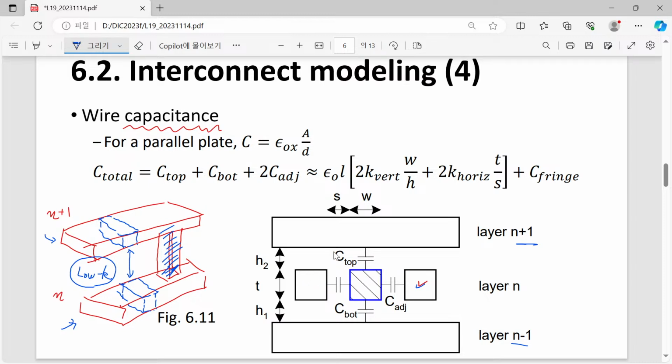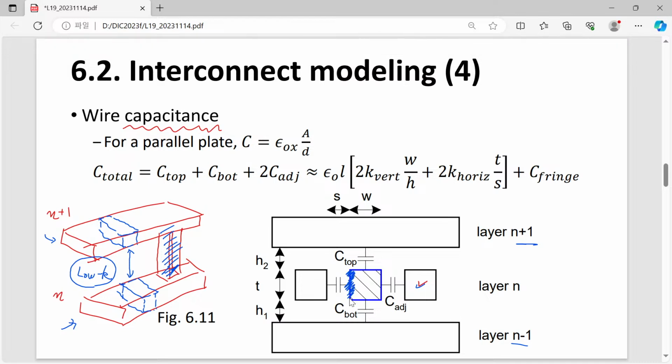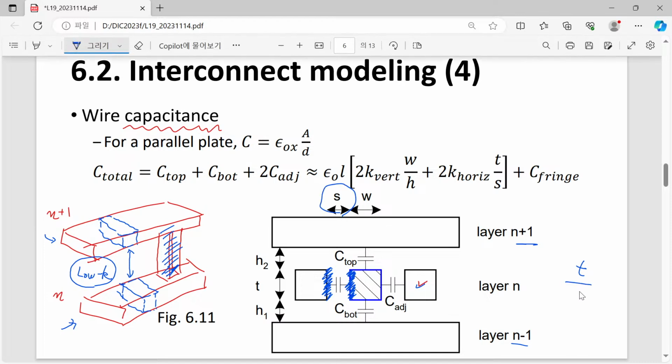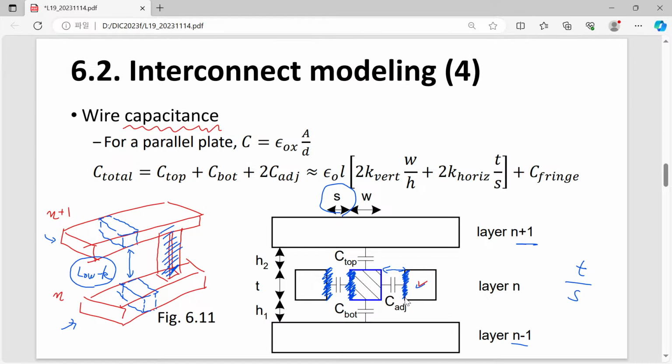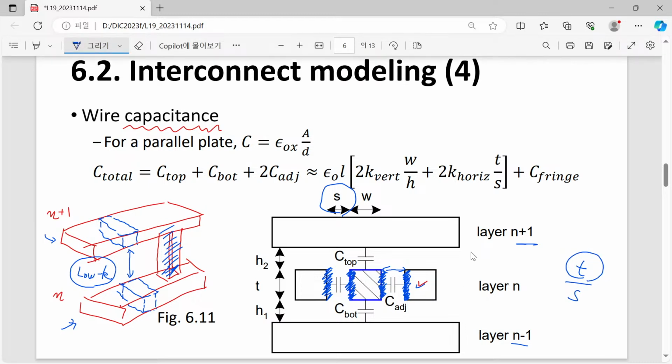In the same layer, the facing plane is given by T, and the distance is given by the spacing. So this is one factor. The distance is given by the spacing between two wires, and the area of the facing planes is given by the thickness of our metal wire.